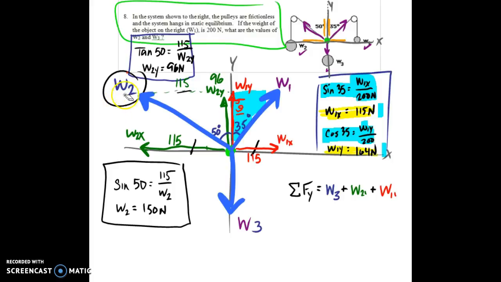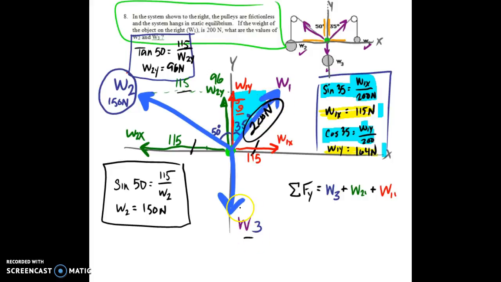W2 equals 150 newtons. So we now have W2, which is one thing we wanted to get, and we have to remember that given was this force at 200 newtons, so that's W1, which is known.